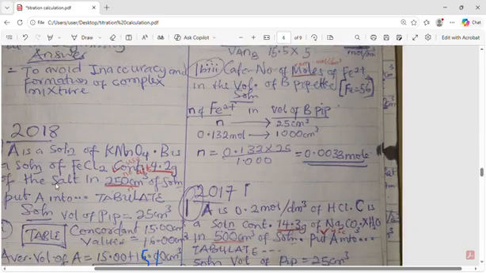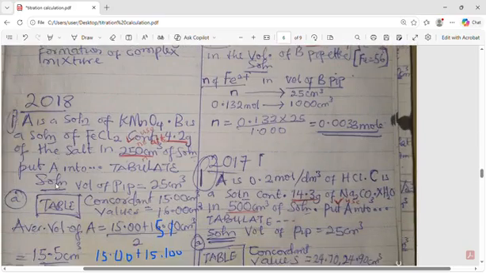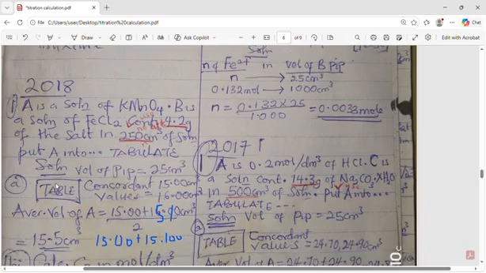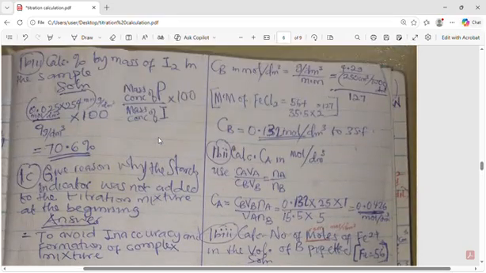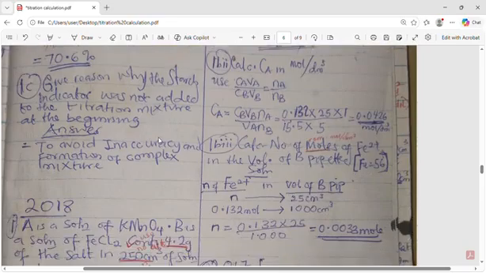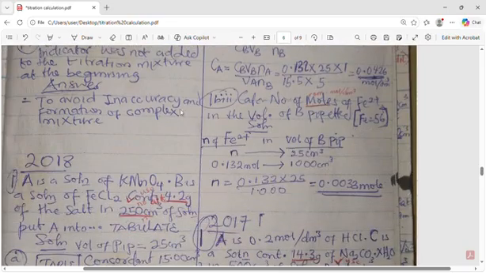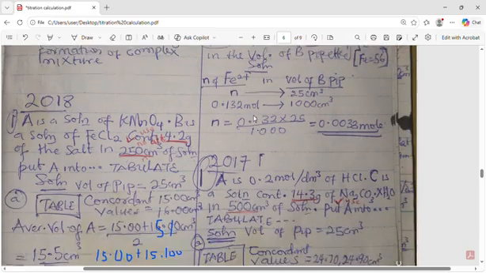Now this 2018 question appears to disobey the law that I mentioned earlier. Remember I said whenever they give you 4.2 grams in 250 cm3, you don't use it until you get to the end where they ask for percentage. If you look at this question, you will see that there is no percentage in it. So since there's nothing like percentage here, we are free to use that 4.2.